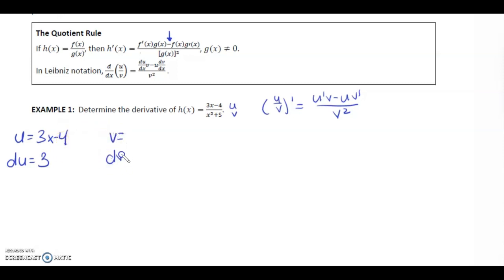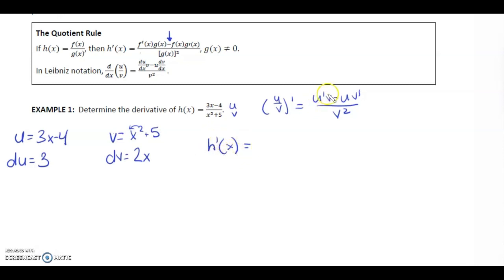Then we have v, which is x squared plus 5. Derivative of x squared, you bring the 2 down, we get 2x. Derivative of 5 is 0 because it's a constant. So now we can sub this into h prime at x.